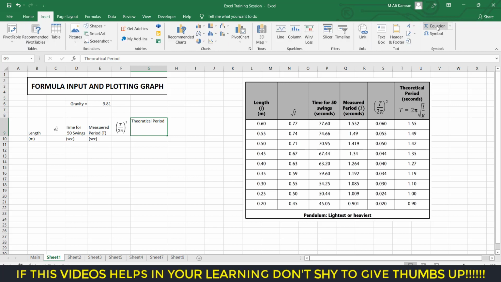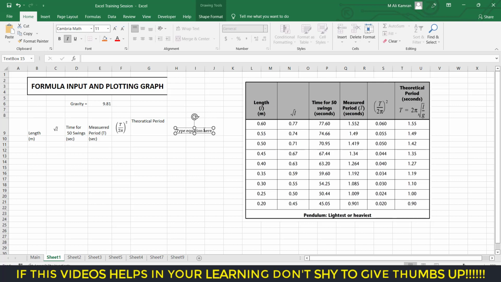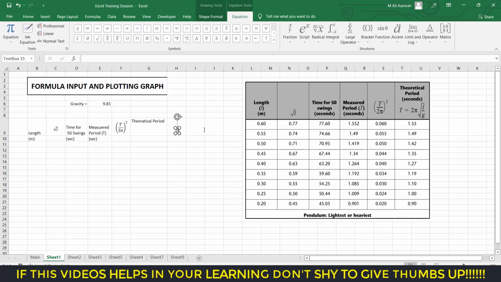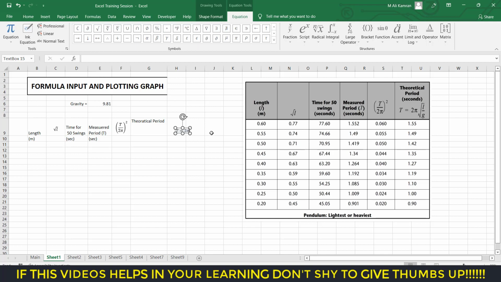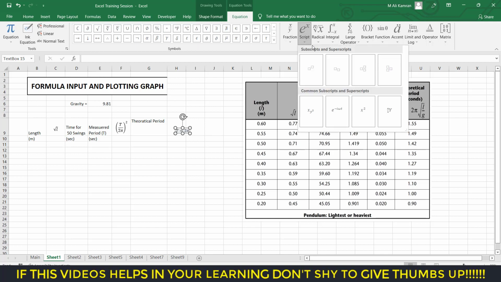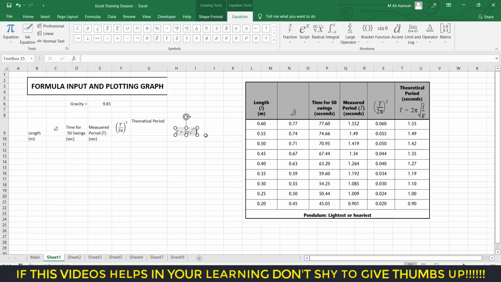So insert equation, and then we will write capital T equal to, and then 2 pi, so 2, and again find that pi symbol, which is somewhere here, and then we need to have the square root expression. So this is square root, and then inside square root we need to have the fraction.